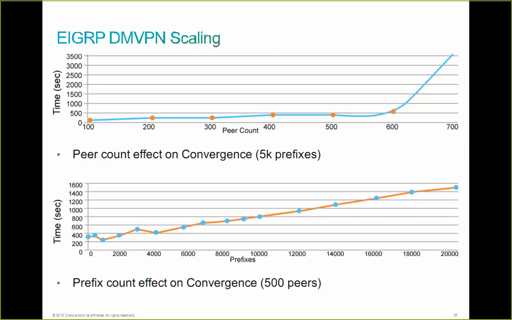We saw this previously when we were talking about spoke routers and setting them up as stubs and whatnot. The EIGRP behavior that you're going to see depends on what phase of DMVPN you're using. We know that the newer phase is going to result in much lower convergence times, even if we're using the exact same EIGRP topology, because we have the optimal routing function, but we also see the fastest convergence times with DMVPN Phase 3.